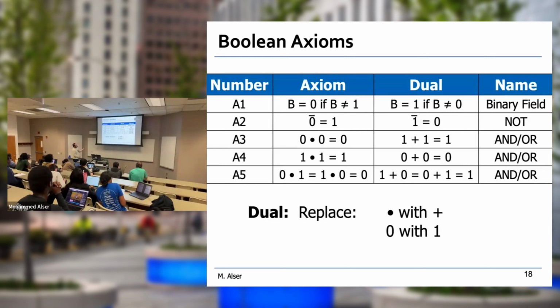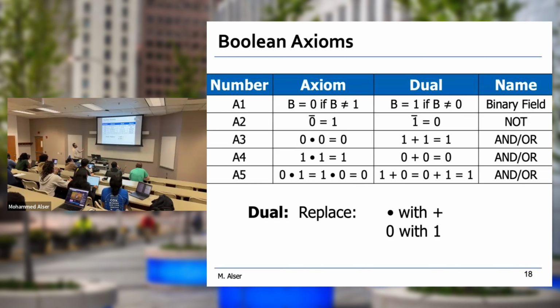If b equals 0, it's not equal 1, right? Likewise, if we flip the 1, if b equals 1, then it means it's not equal 0. Now with 0, not, it's 1.